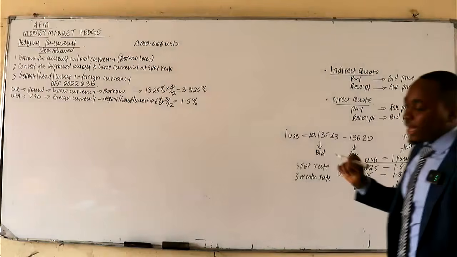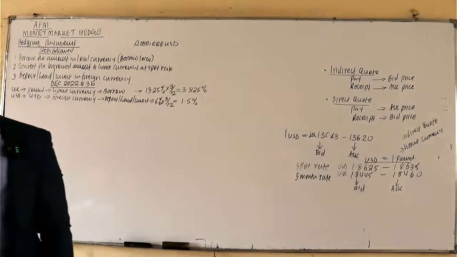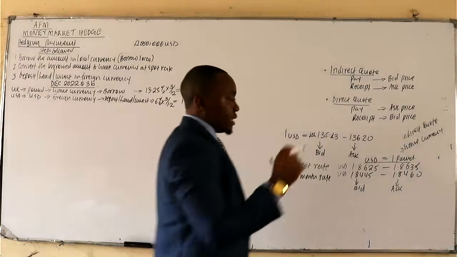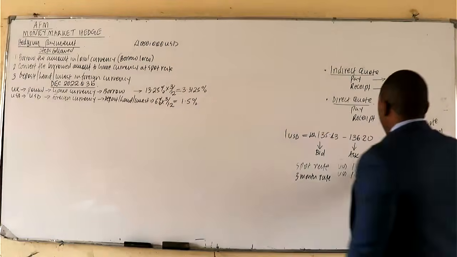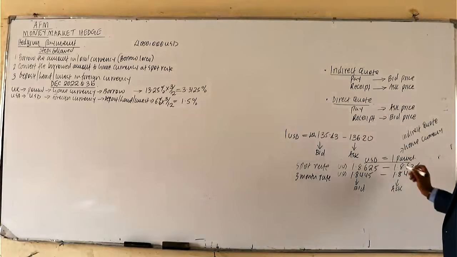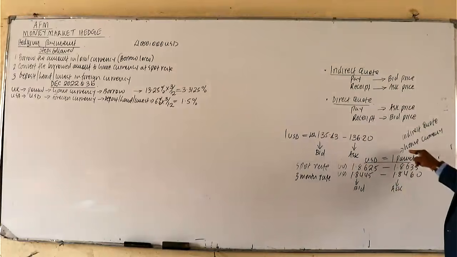Remember, indirect quote is where the home currency is the commodity, and in this case our home currency is the pound, because this is a UK-based firm. Therefore, since it's the one that is commodity, these are US dollars to £1, so this one is an indirect quote.